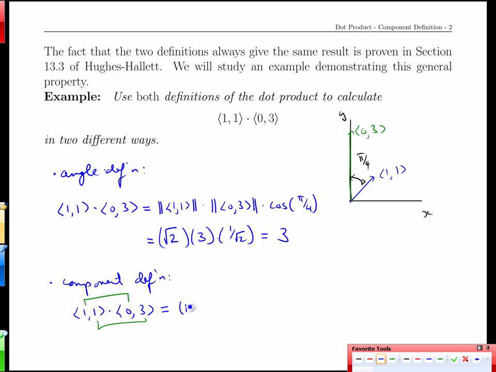So we'll have 1 times 0 plus 1 times 3, that's 0 plus 3, and that's also 3. So this is not a proof by any means, but it's an illustration that with two not closely related vectors, when we take the dot product using both definitions, we get the same value, which supports our argument that we can use those two interchangeably.